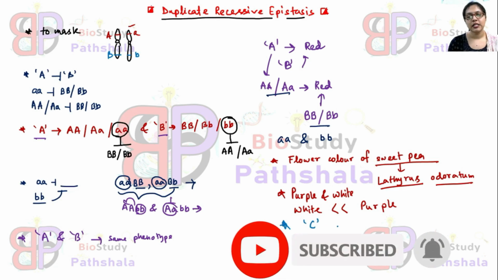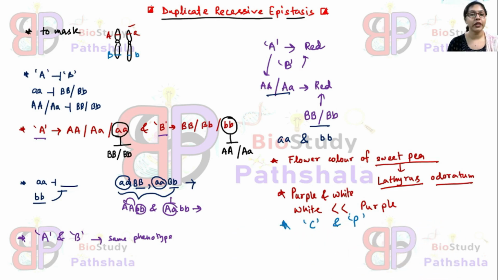These are C and P genes, and these two genes will lead to formation of purple color when one dominant allele of C gene along with one dominant allele of P gene is present. That means two dominant alleles, one of each gene, that is C gene and P gene, are required for formation of purple coloration.